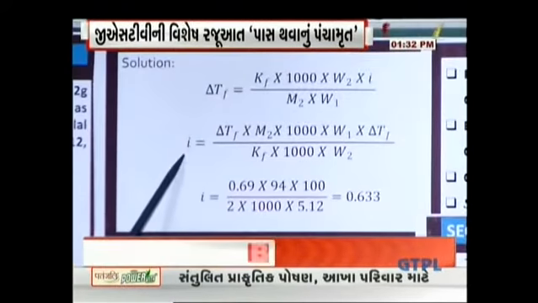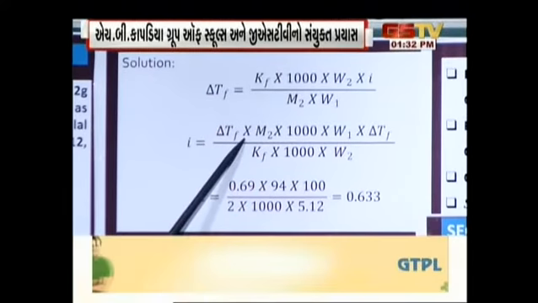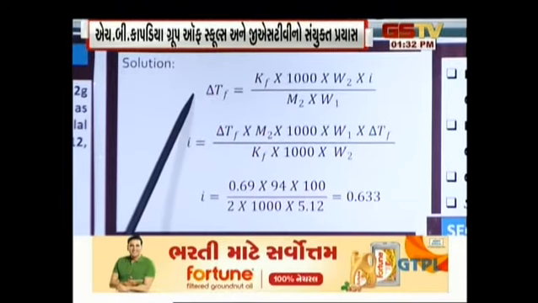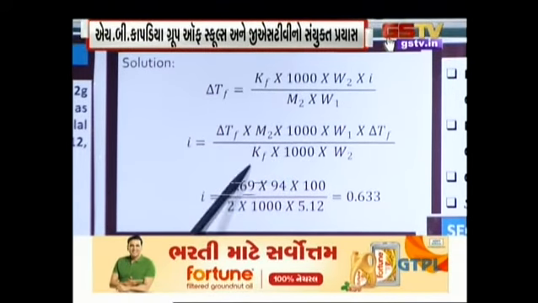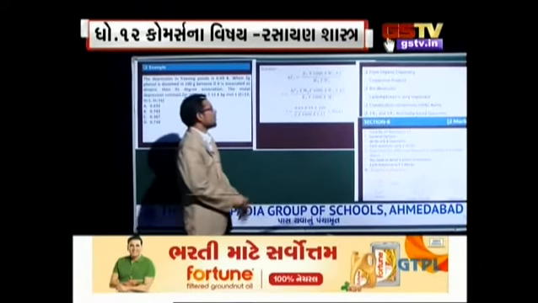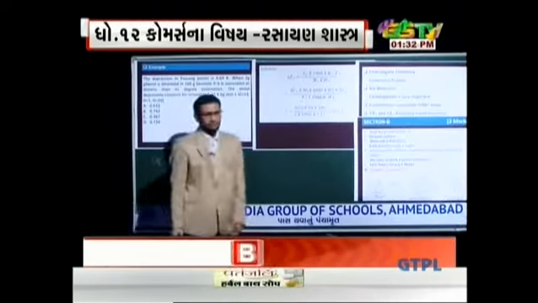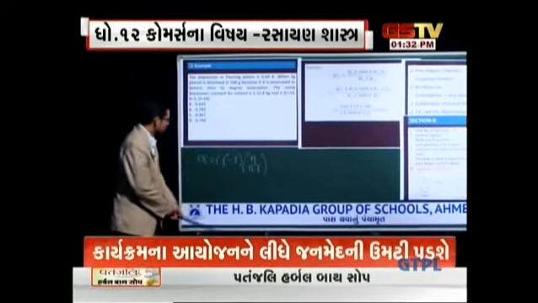Making i the subject, we get i equals Delta Tf into M2 into W1 upon Kf into 1000 into W2. By putting in the values, we will get the Van 't Hoff factor i.